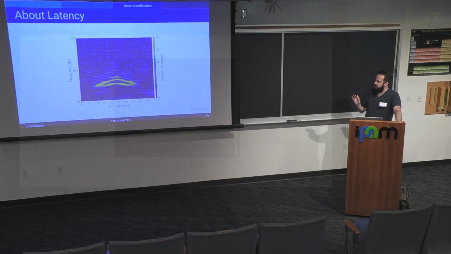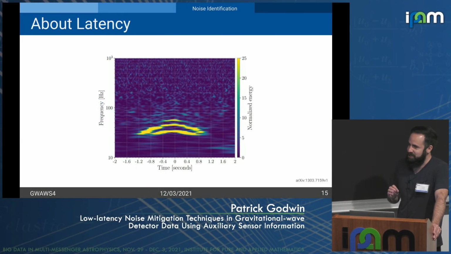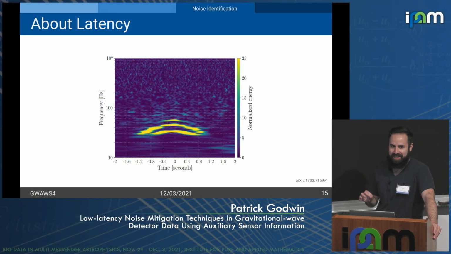Before I go a little bit further, I just wanted to give an aside about latency. When you only have a few seconds of latency before you need this information to pass off to the searches, trying to account for that in the pipeline is very important.